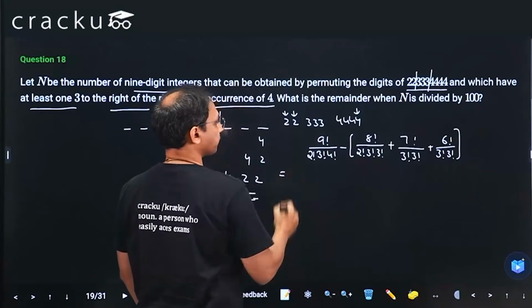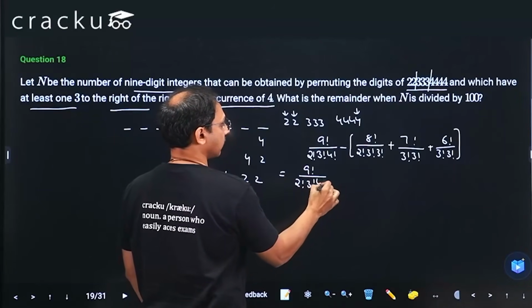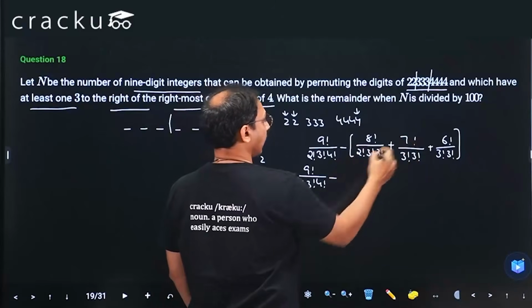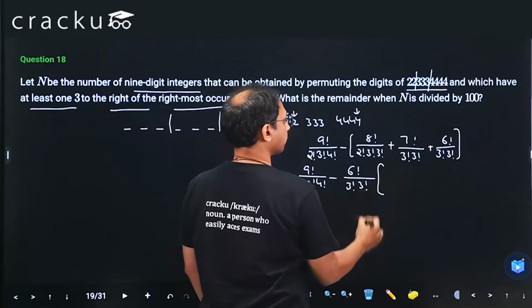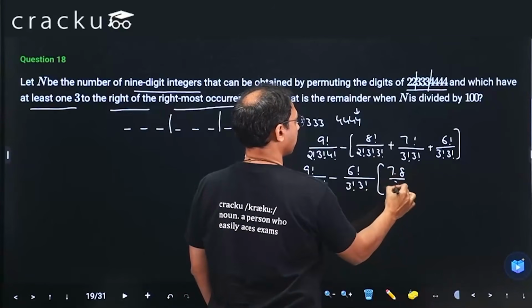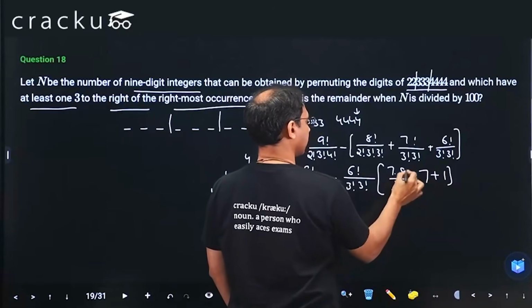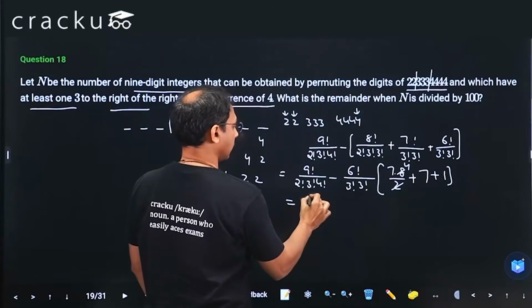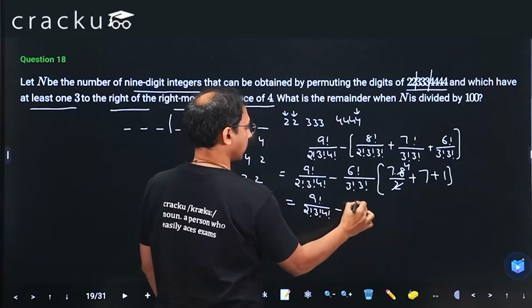Let us simplify. 9 factorial by 2 factorial, 3 factorial, 4 factorial minus. I will take 6 factorial by 3 factorial, 3 factorial common. Here I get 7 into 8 by 2 plus 7 plus 1. So 9 factorial by 2 factorial, 3 factorial, 4 factorial minus.